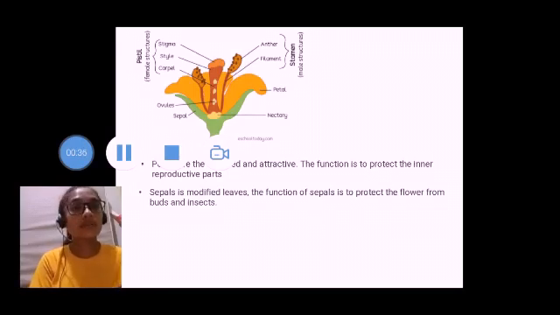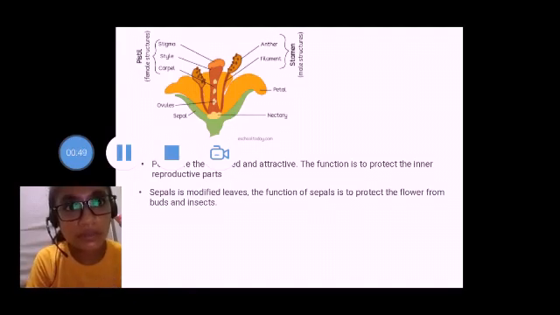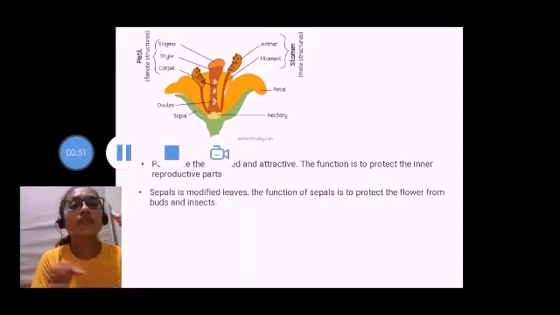Parts of a flower: sepal, petals, ovule, male structure, and female structure. The male structure is called the stamen, which consists of anther and filament. The female structure is called the pistil, which consists of stigma, style, and carpel.